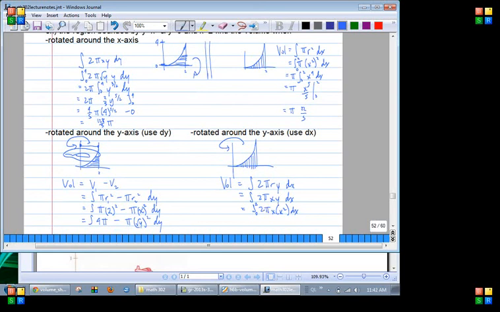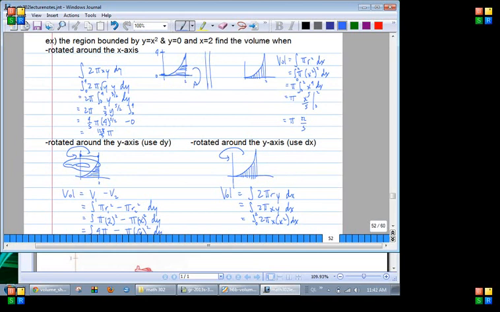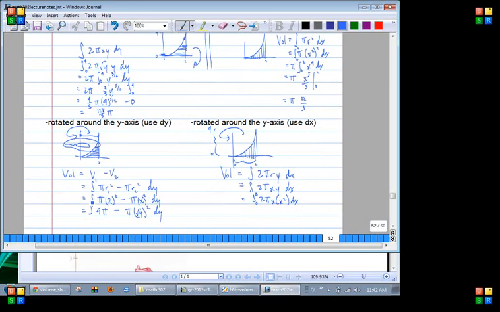Not from 0. y does not go from 0 to 2 on this picture. When x is 0, what's y? 0. When x is 2, what's y? 4. So notice that x values go from 0 to 2. y values go from 0 to 4. So when you integrate dy, you're going from 0 to 4. Okay.